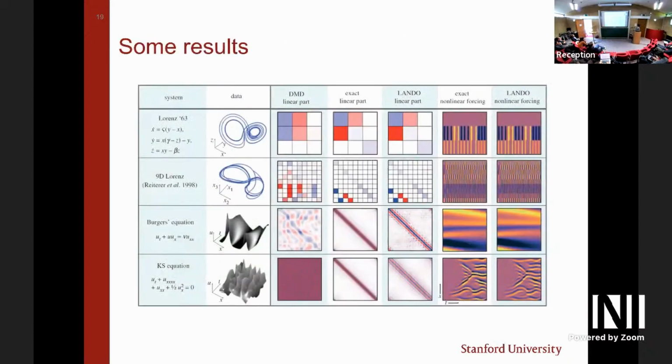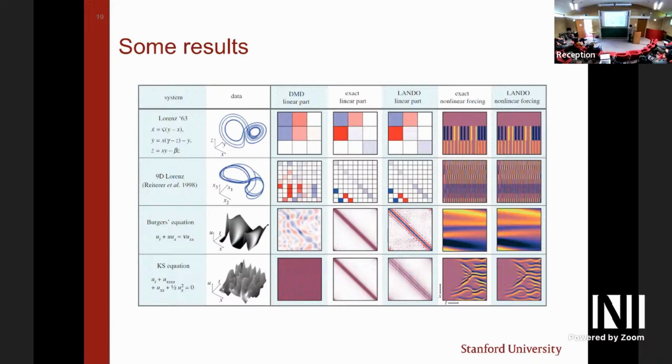So some results, we went through various systems here. A lot going on. There are 4 examples over here. This is what we would learn from DMD on the full nonlinear system, in schematic once again. This is the exact linear part, known in the equations a priori, and this is what is extracted using LANDO to take out the nonlinear piece and then analyze the linear operator.